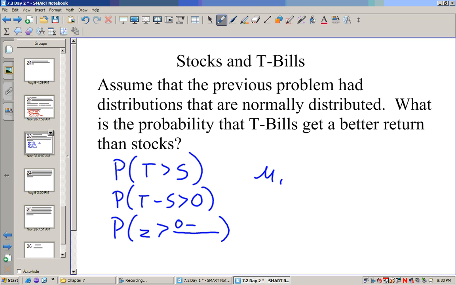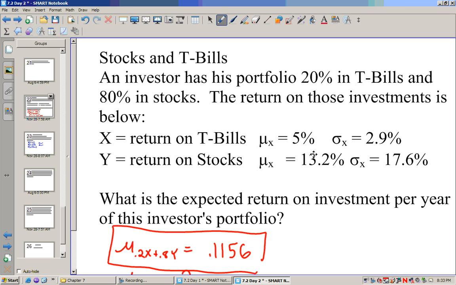But we don't know the mean of T minus S, and we don't know the standard deviation of T minus S. Well, the mean is always easy. You take the mean of T-bills minus the mean of stocks.